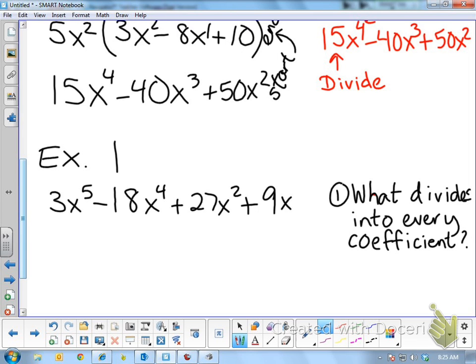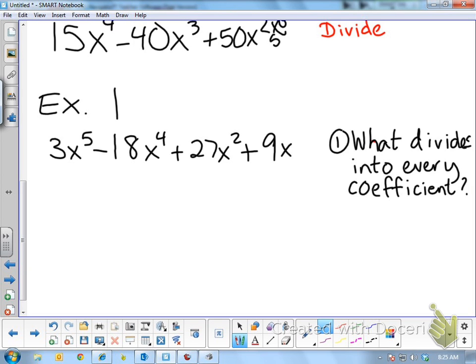Bless you. Okay. So if 3 didn't work and we could only use 1, we wouldn't have a greatest common factor necessarily. So we can divide these all by 3, but we're still not quite done yet with our thought process because we also have to consider the variables. We have to ask ourselves, does every term have a variable?